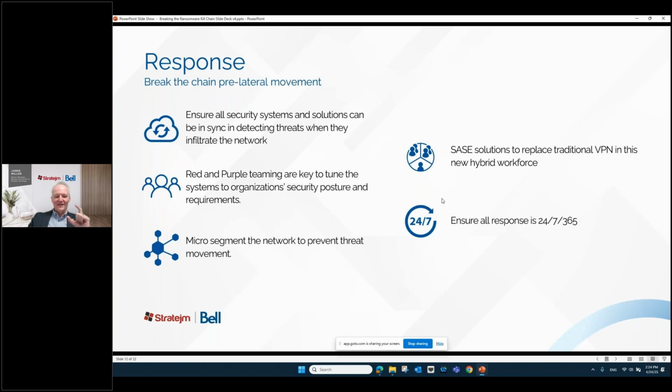That means they need to be in sync and working together using some method in order to show the entire network and show any threats coming in. As I mentioned before, red and purple teaming are definitely recommended for all fine tuning.